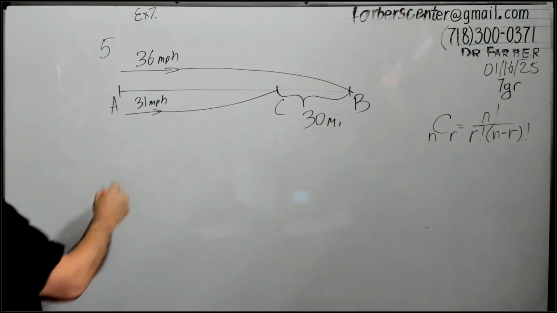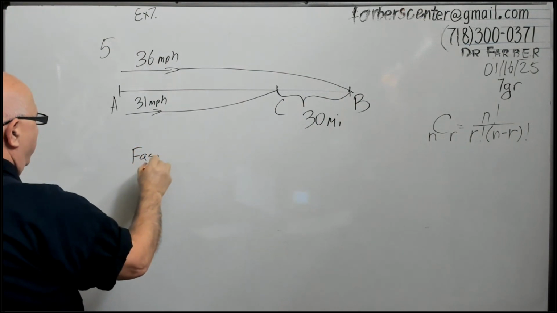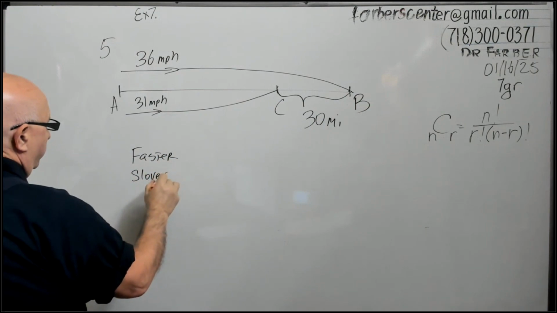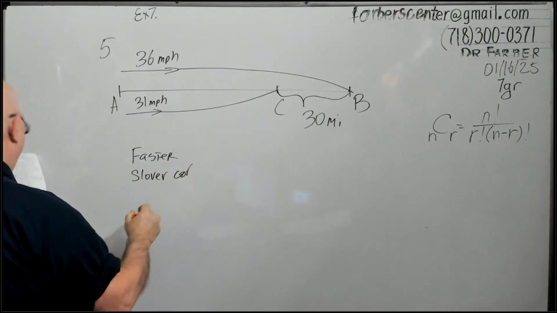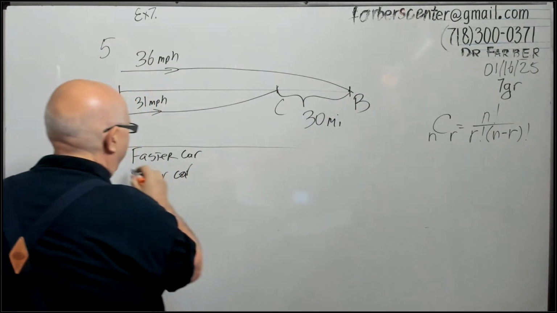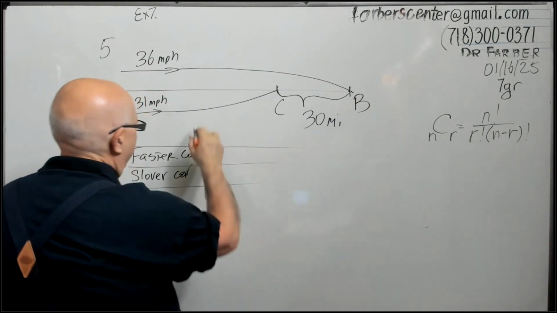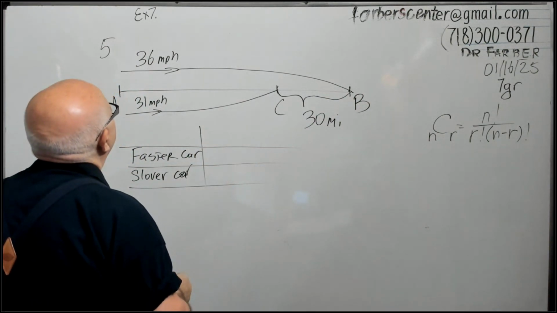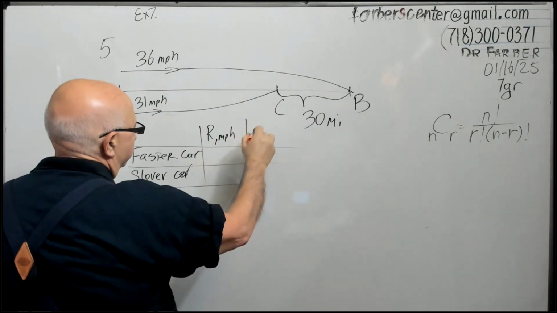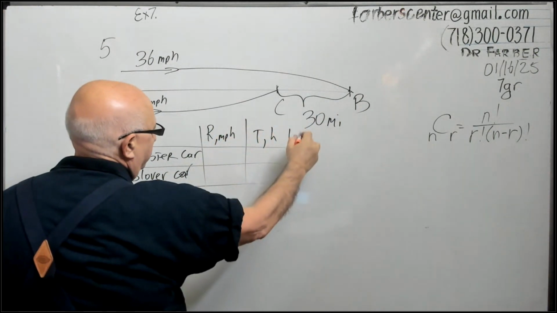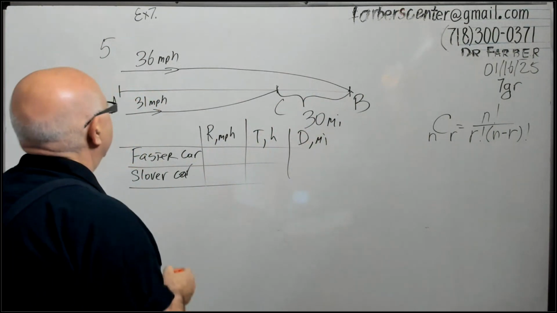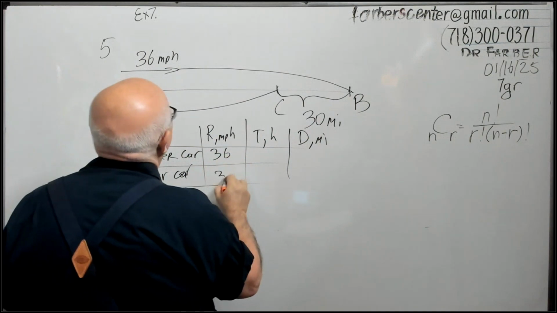And based on this, you can write this faster car and this slower car, and provide some attributes and values: rate in mph, time in hours, distance in miles. And this is 36, 31.